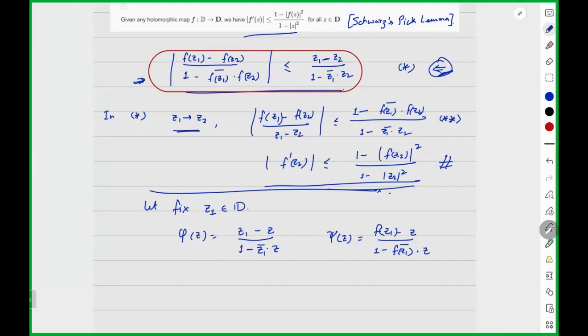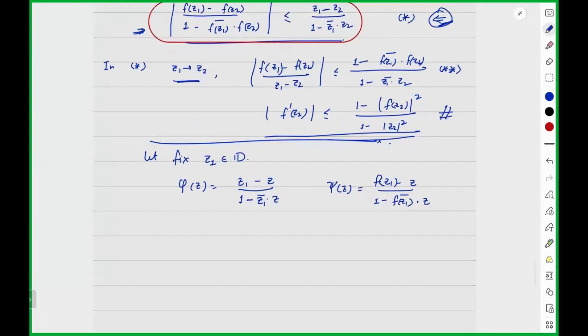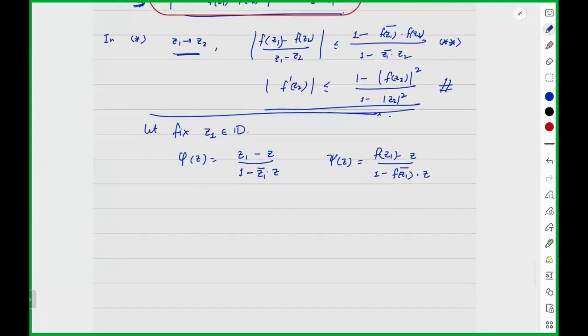We have got two Mobius transformations, right? And because f(z1) as well as z1 are in the unit disk, these are automorphisms of the unit disk D. And also phi of z1 is going to 0.